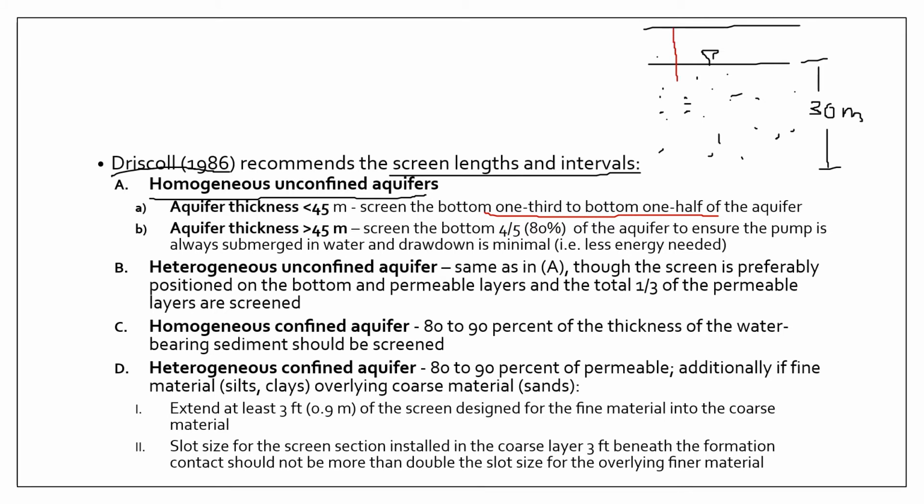So if this is your well and this is the limit of your aquifer, alright, so if this is your aquifer and this is your well, the recommendation of Driscoll is to screen either one third or one half of the bottom of the aquifer.